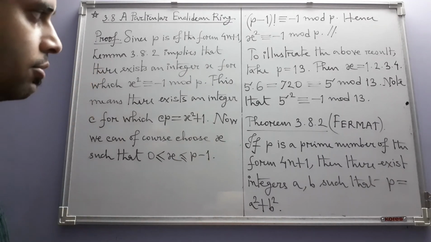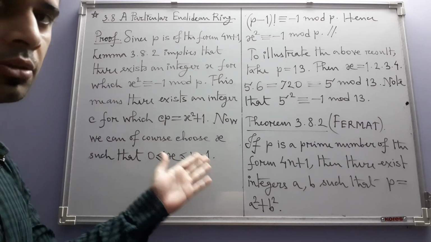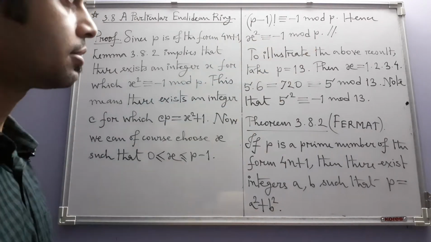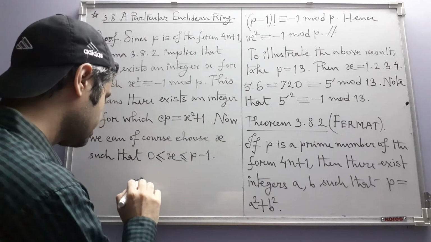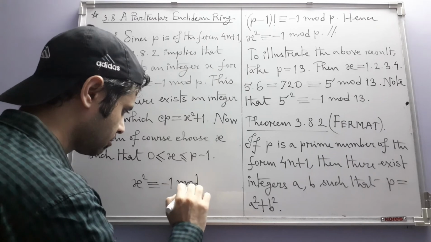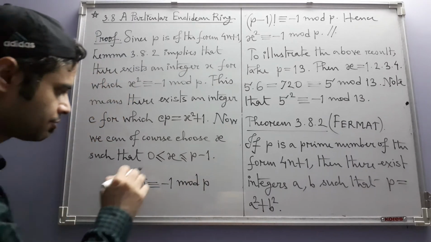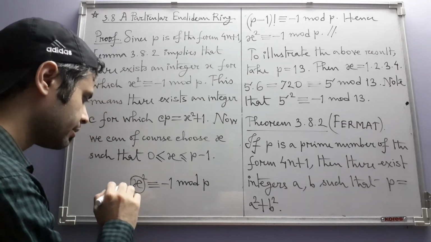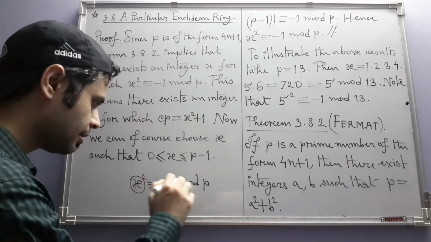Why is that so? You see, of course you have to be familiar with congruences, otherwise you cannot understand this result. If you have a solution x for this congruence, then the solution is some integer that satisfies this congruence, and that particular integer can be replaced by the remainder when you divide the integer by p.